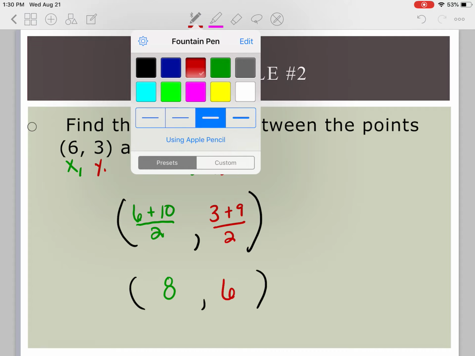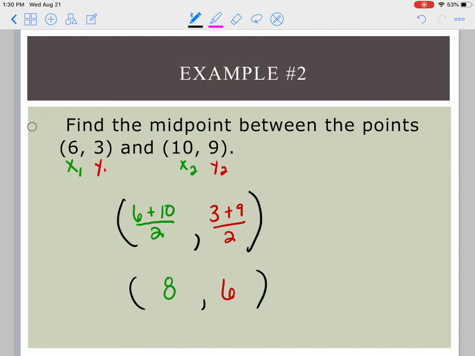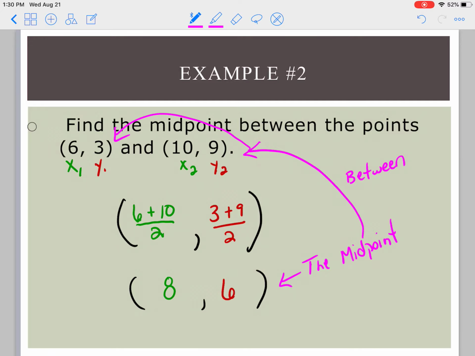The coordinate 8, 6 is the midpoint between these 2 coordinates, this one and that one.